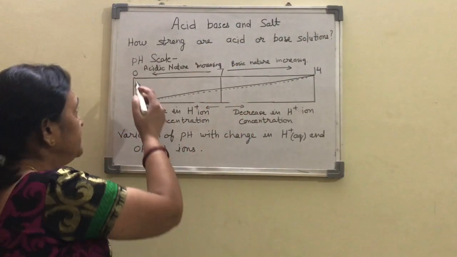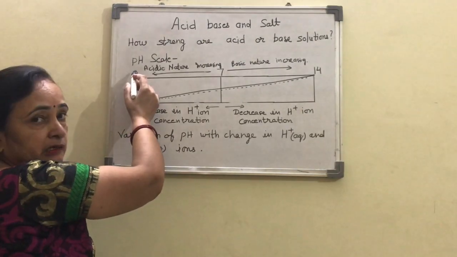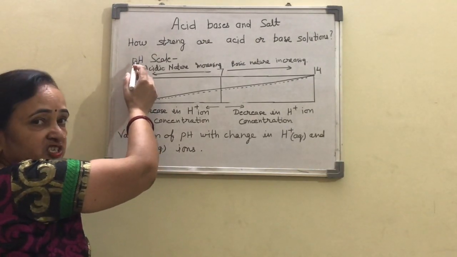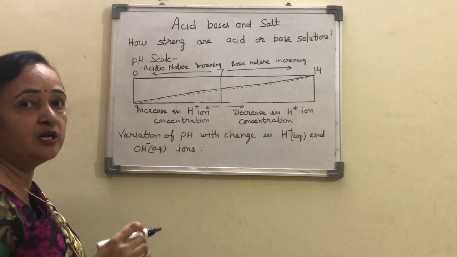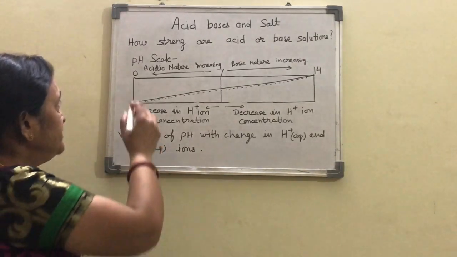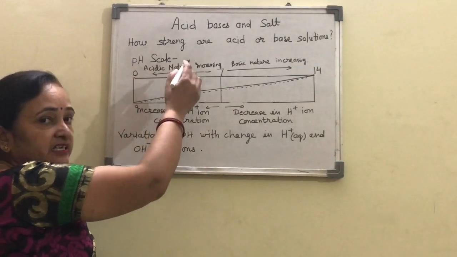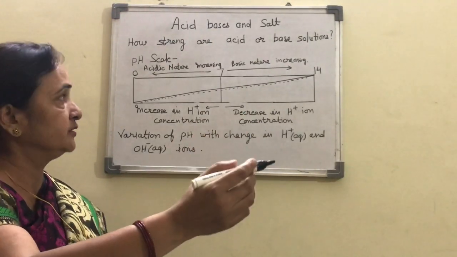So let's study about it, and to understand that we need a scale which is known as the pH scale. Here you can see that this p is small and H is capital. This is known as the power of hydrogen ion concentration, and p stands for potenz. In German it is known as potenz, and potenz means power.